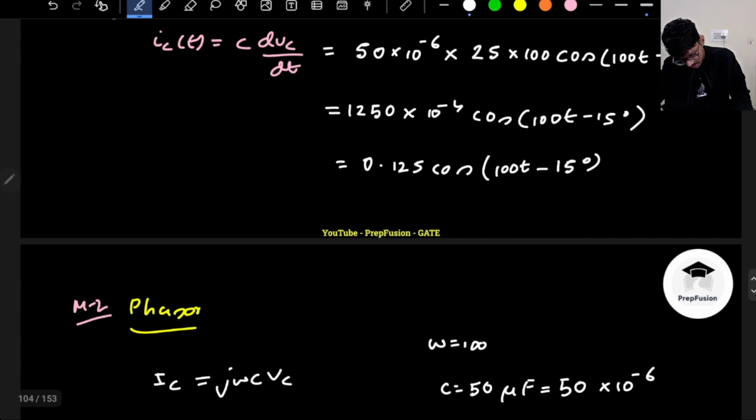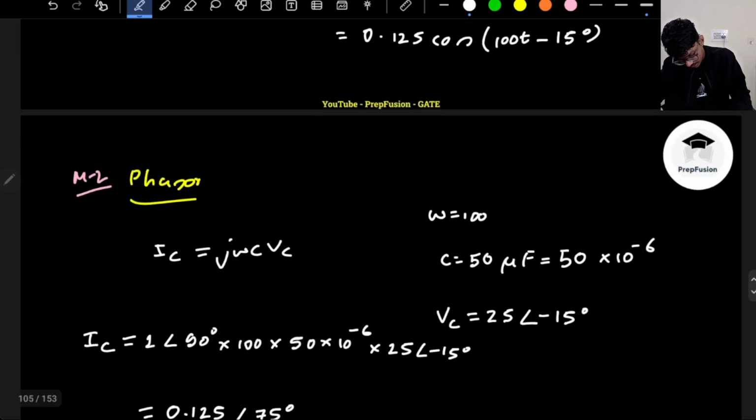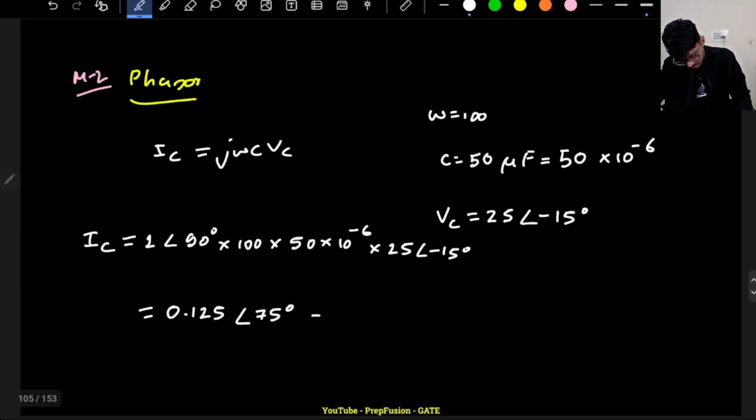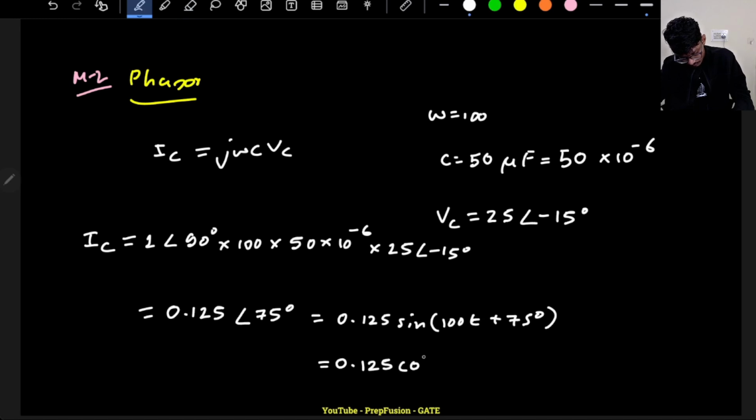If you convert this back, either you can write this as 0.125 sin(100t + 75°), or you can write it in terms of cos as 0.125 cos(100t − 15°). So both ways work, whichever is suitable to you.